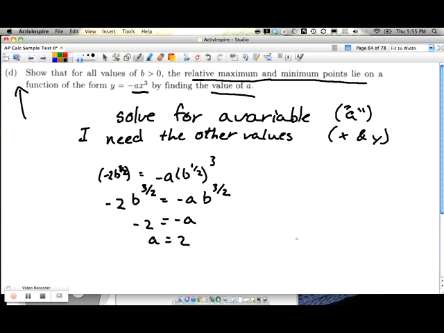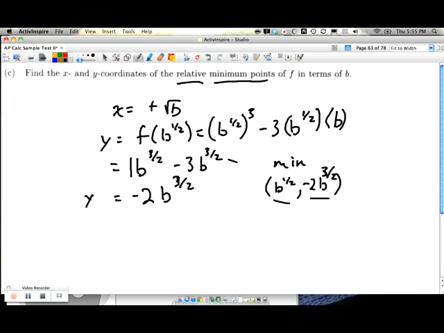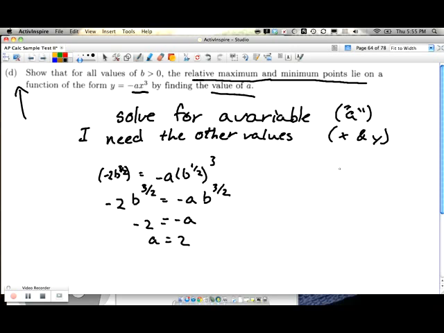Let's see if I get the same thing going the other way using the maximum values, just to confirm. That means I'd have negative b to the 1 half and 4b to the 3 halves. So I'd have 4b to the 3 halves is equal to negative a times negative b to the 1 half cubed.